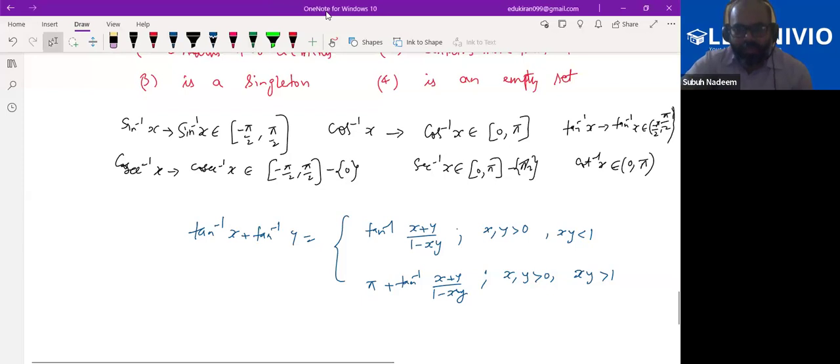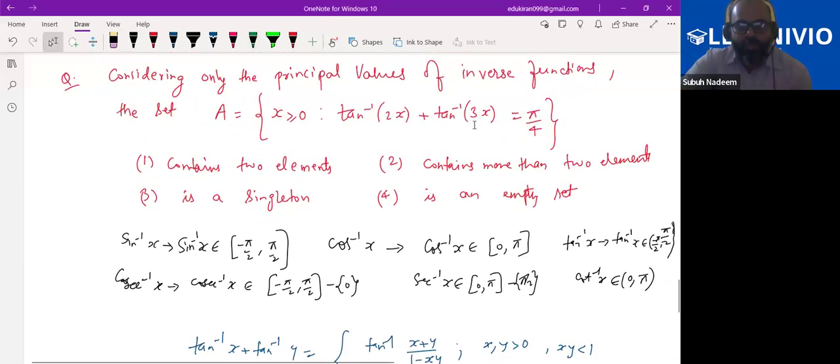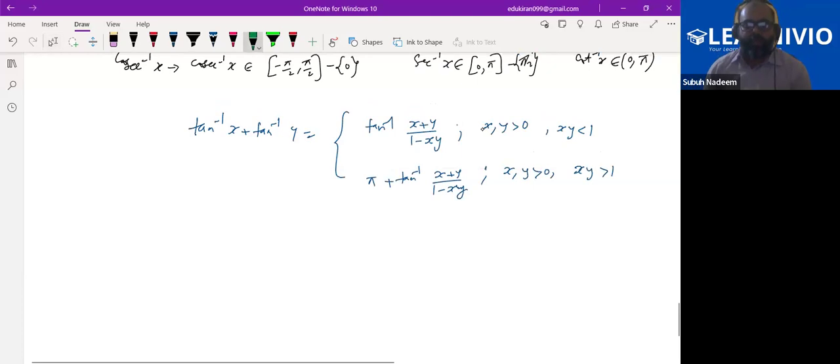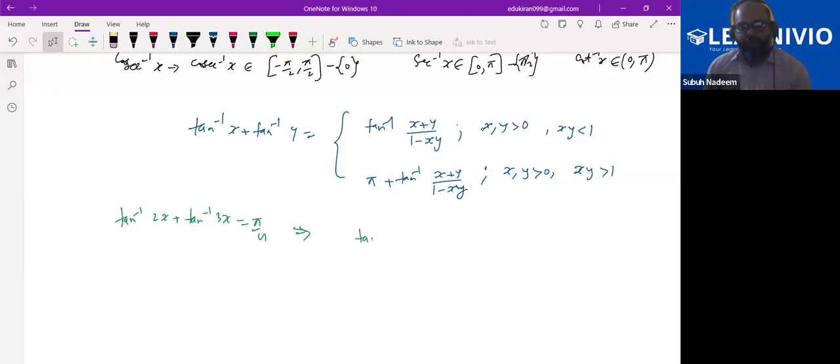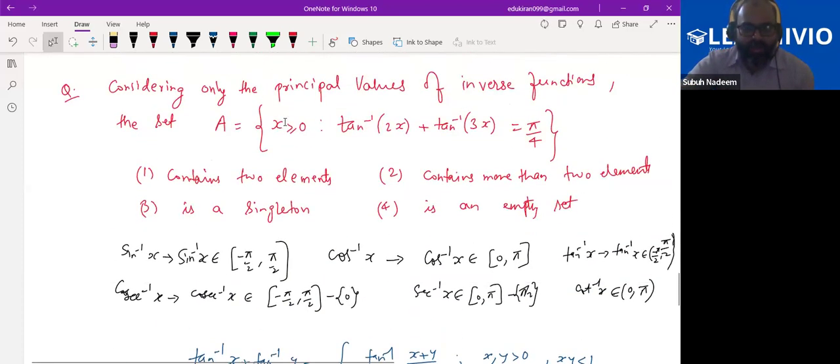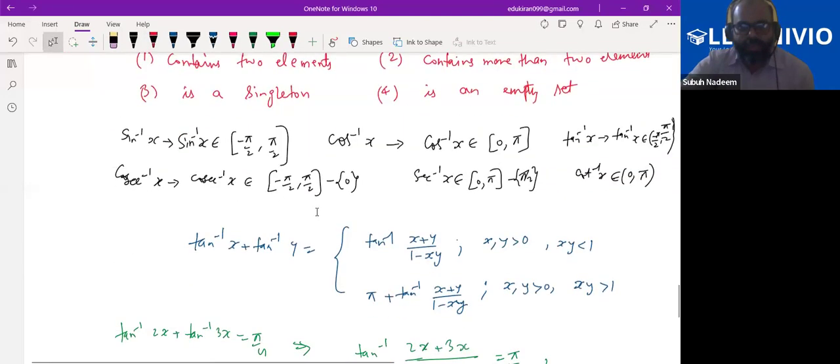So if you see this one, tan inverse 2x plus tan inverse 3x is equal to pi by 4. So you can write it as tan inverse of 2x plus 3x by 1 minus 3 into 2, 6, x into x is x square, is equal to pi by 4, if 2x and 3x are positive. So x is given as positive, right? So obviously 2x and 3x are positive.